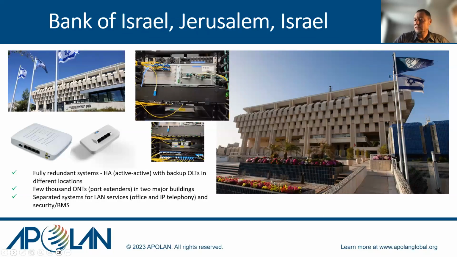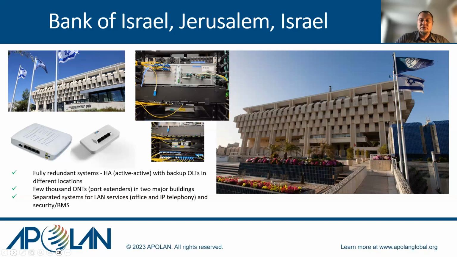One of our first projects, like Stefan's, was also a very nice reference for us in Israel, and that was the Bank of Israel. It's very interesting, because you would not expect a conservative environment like a bank to start with this innovative infrastructure project.